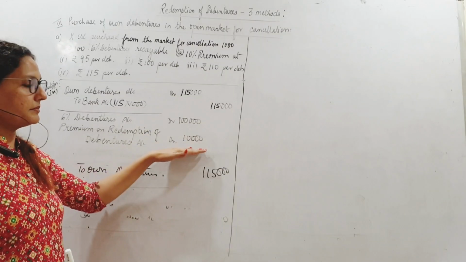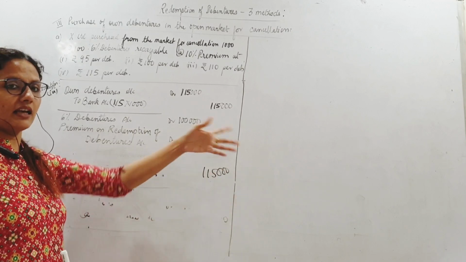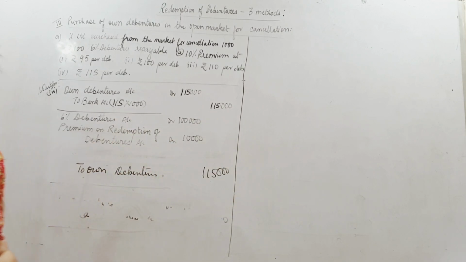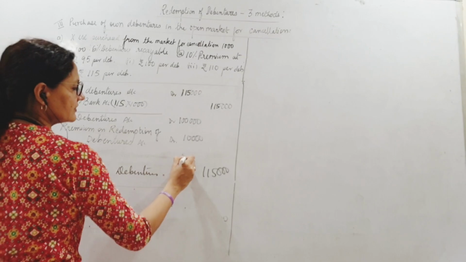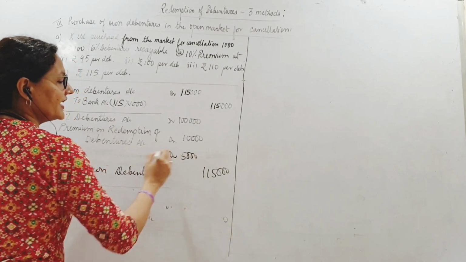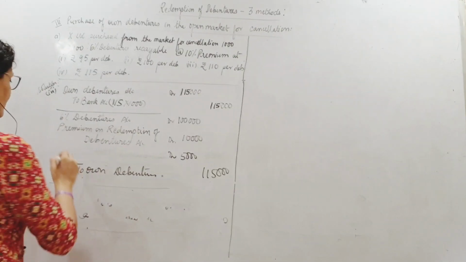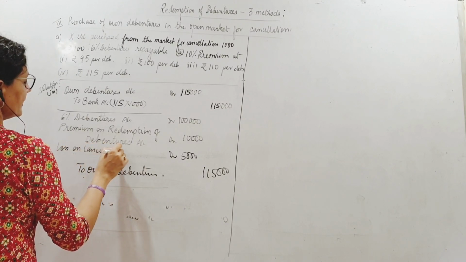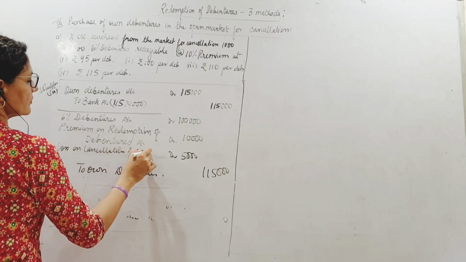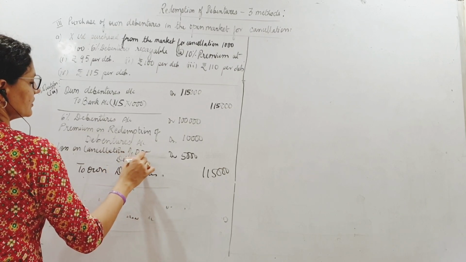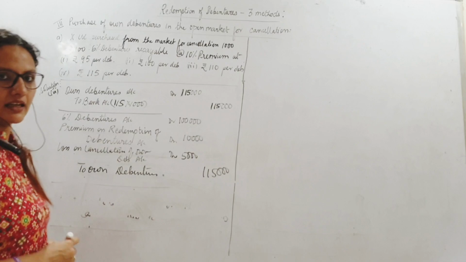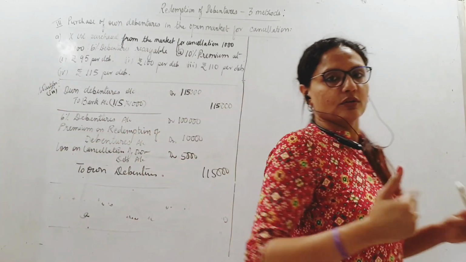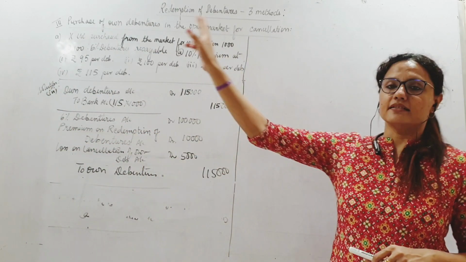Therefore, my liabilities that I am cancelling are less than the assets that I am paying. So, I am making a loss. How much loss? 5,000. So, which account will I debit it to? Yes, of course, loss on cancellation of own debentures. Correct? So, there is a loss this time because the price is above 110.